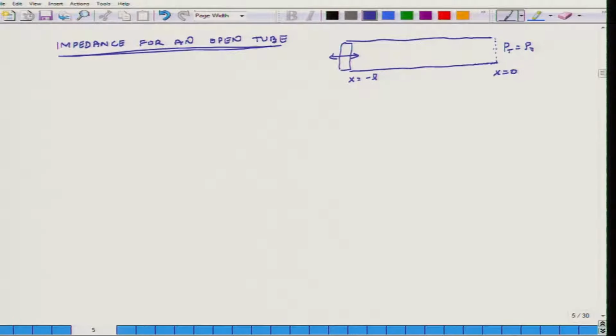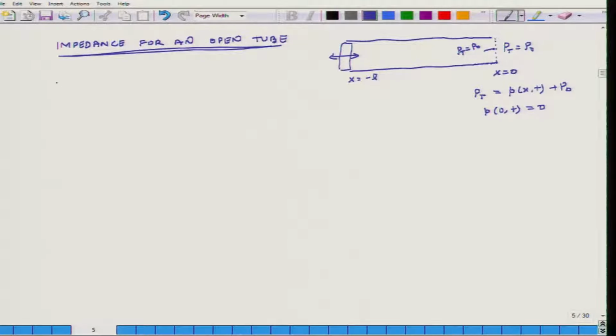Because of continuity, just at a point inside also the pressure is P T equal to P naught. But P T is equal to P of x and t plus P naught, and if P T is P naught, which means that P at 0 and at all times is 0 pascals. So, that is the condition for an open tube.